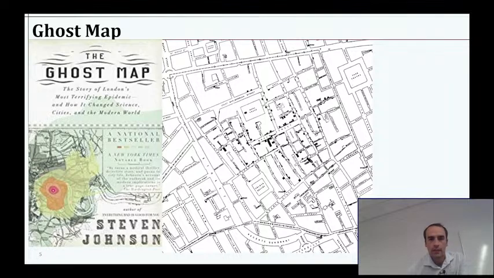Well, it's called the ghost map because basically there was a bar drawn for every death in that home. Okay, so you see in certain spots, some houses had quite a few deaths, some just 1 or 2, and he did this trying to figure out what was going on with this outbreak of cholera.